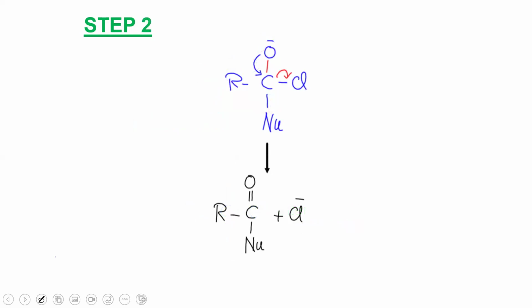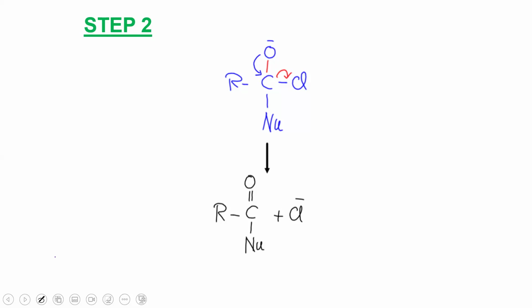Step number two. Now, because of the instability, the negative charge on oxygen transfers electrons back to the carbon. Carbon takes a golden handshake with chlorine and kicks out chlorine with the electron.